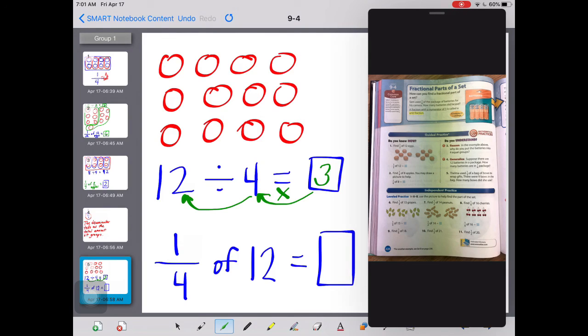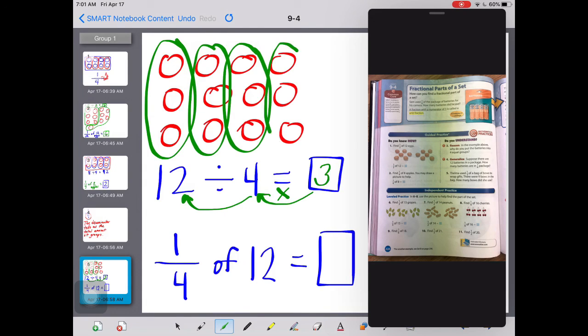So therefore I know each amount of batteries, there's 3 batteries in each one of those 4 sets. So let's circle 3. 1, 2, 3, 4. Wow, look at that. 4 sets. 1, 2, 3, 4. And there's 3 in each set. Boom. So 1/4 of 12, there's 3 batteries.